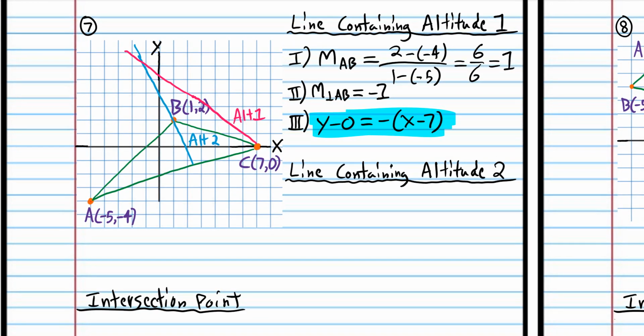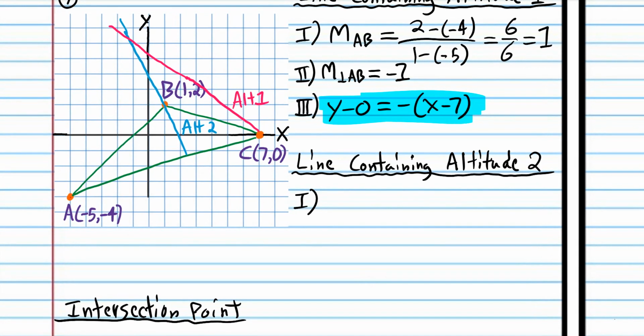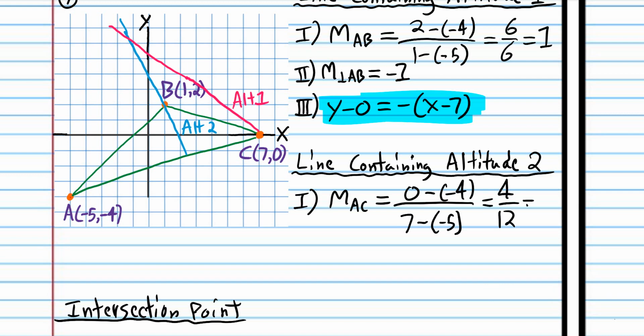Now we have to find the equation of the line containing altitude 2. So step 1, this is the base, the corresponding base for altitude 2. So we have to find the slope of AC, and that is 0 minus negative 4 over 7 minus negative 5. That would be 4 over 12, which is 1/3.